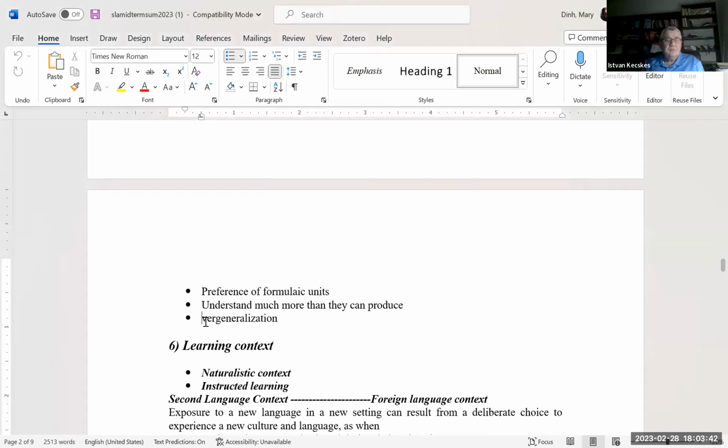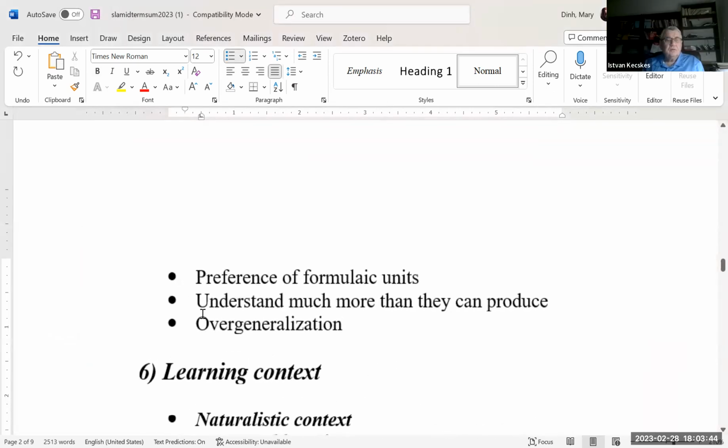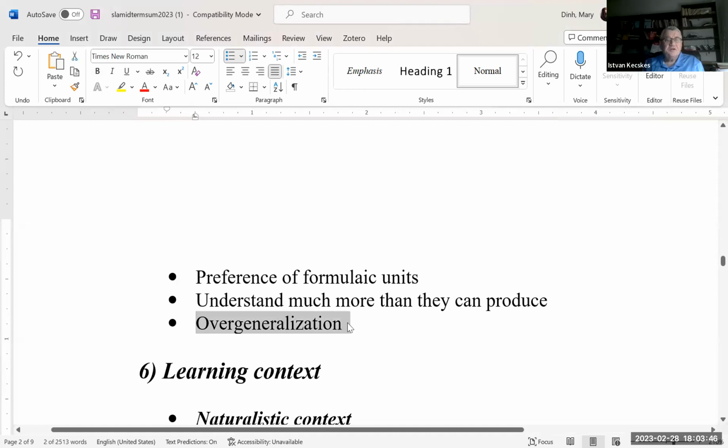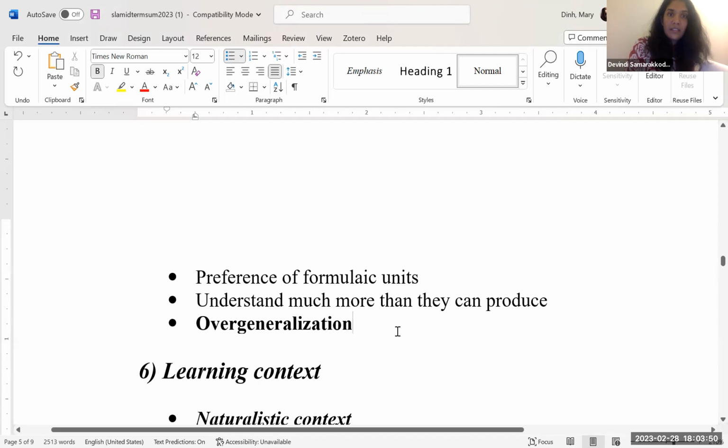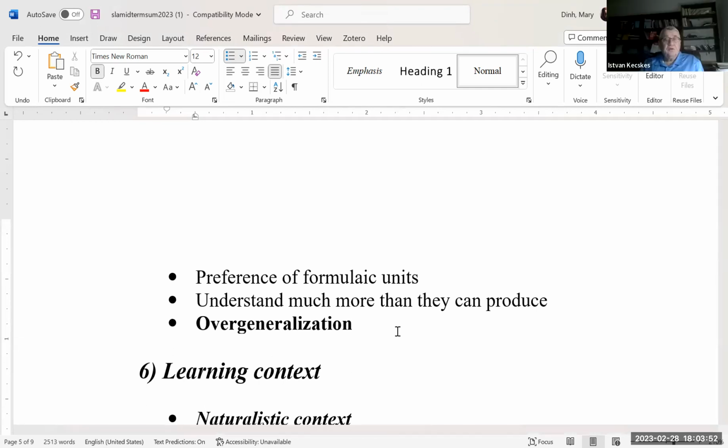So there was overgeneralization, yes? Okay. As far as second language learners are concerned, they tend to overgeneralize certain things that they hear in their environment.